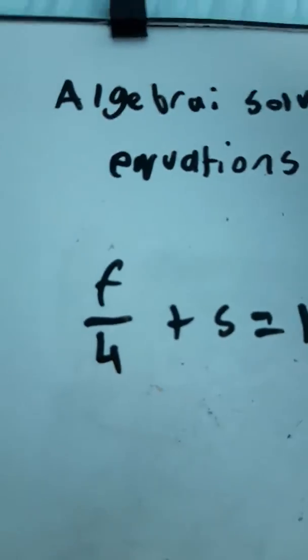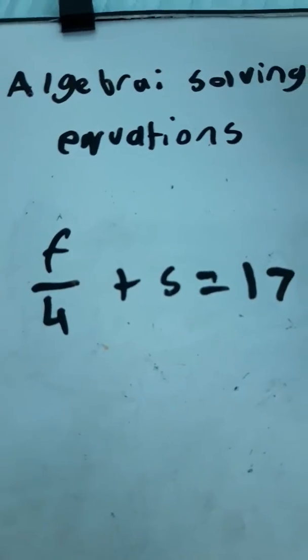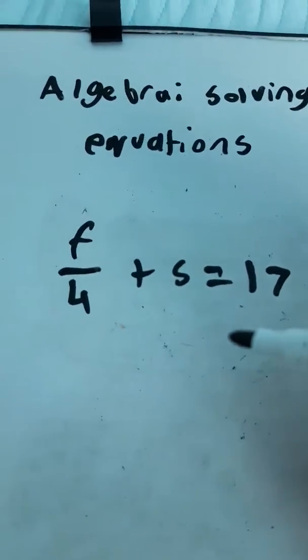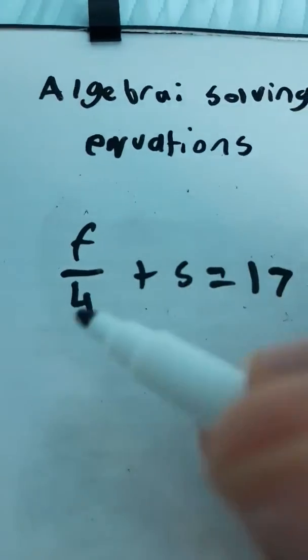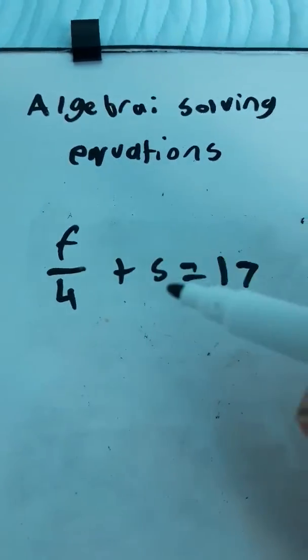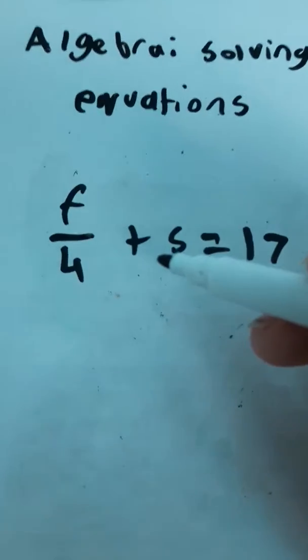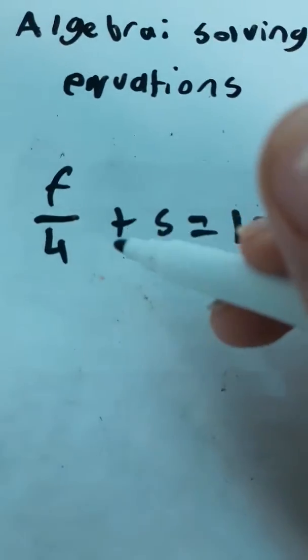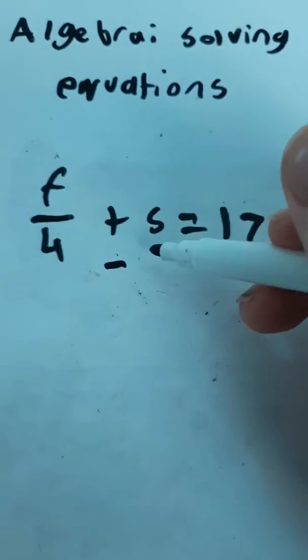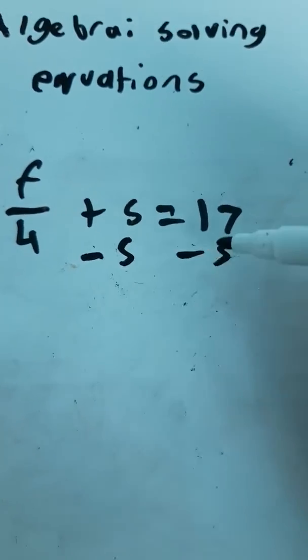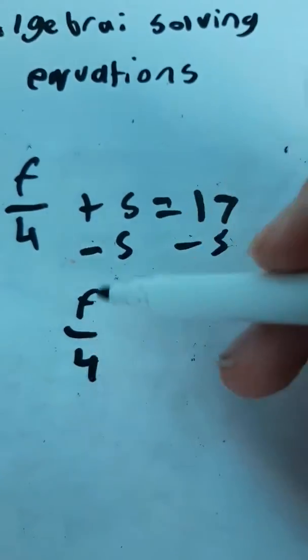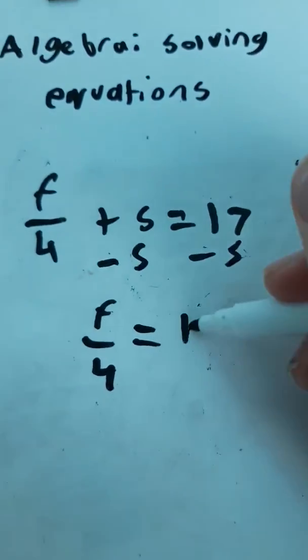So this time it says f divided by 4 plus 5 equals 17. So again, what you want to do is get rid of the plus 5 and the divide by 4. So in order to start off, you'd have to get rid of the plus 5. And in order to do that, you have to do the opposite of the plus, which is take away 5. So that leaves you with f divided by 4 equals 12.